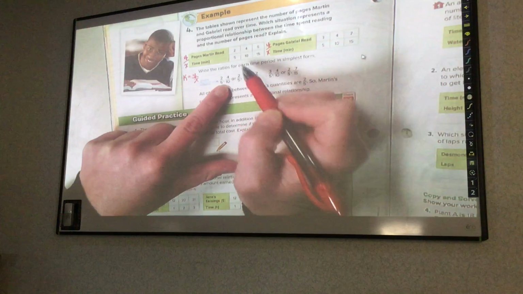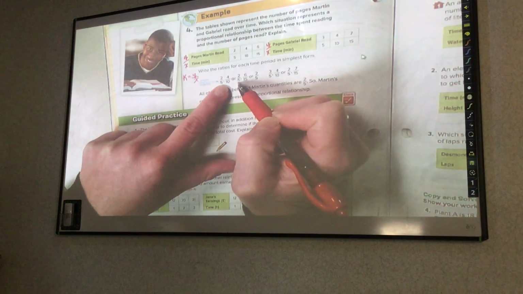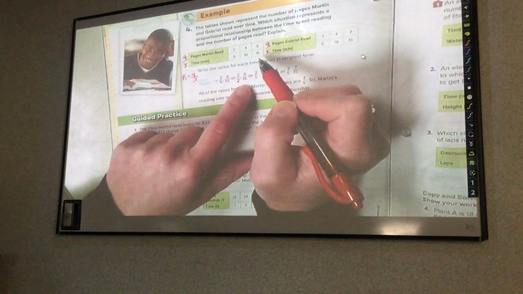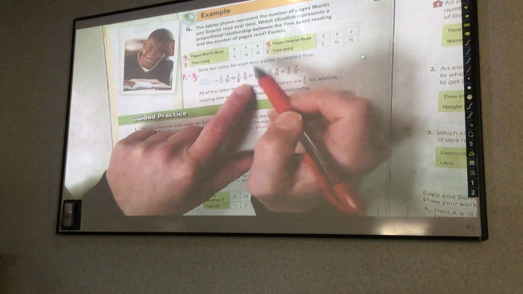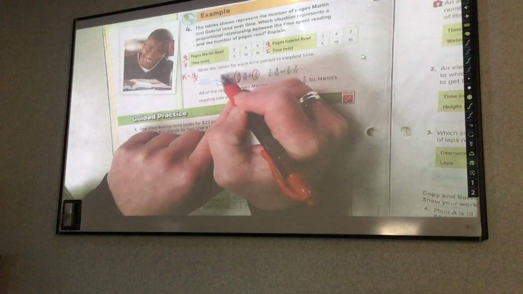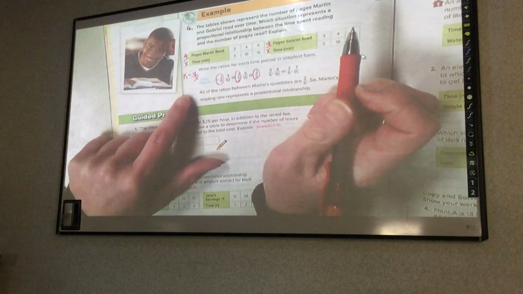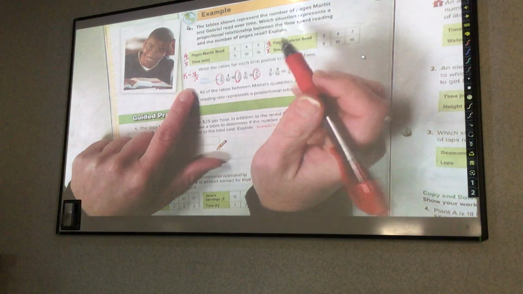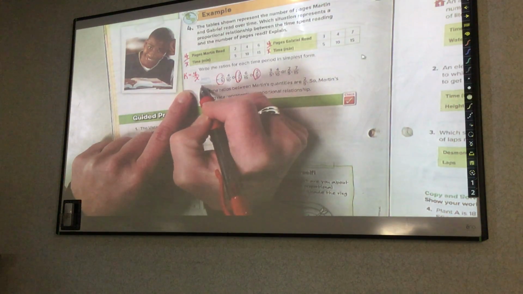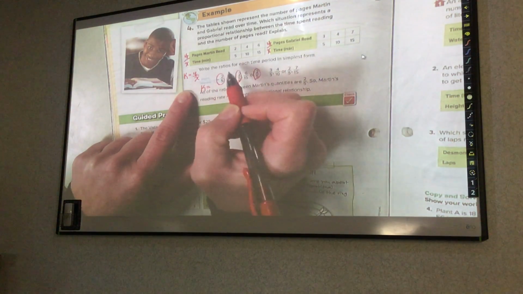Then 4 over 10, which reduces to 2/5. Then 6 over 15 reduces to 2/5. So we have 2/5, 2/5, and 2/5. They all reduce. So is this proportional? Yes. Okay, now, what would be my constant then? Constant would equal 2/5.